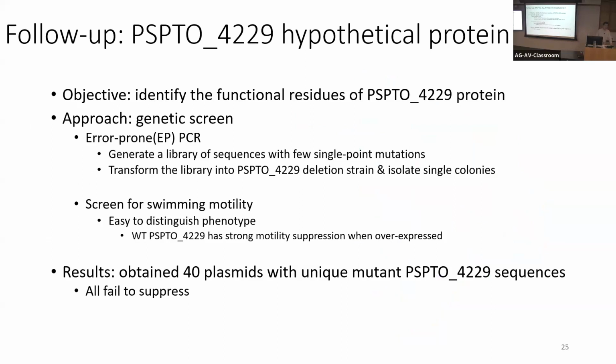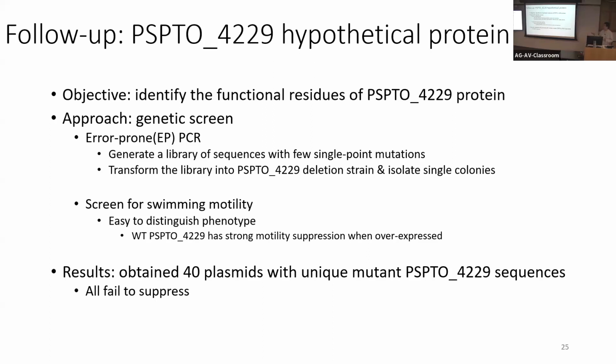So we tried a whole bunch of methods trying to figure out what this protein is doing. The one that ended up working for us is error-prone PCR. So we generate another library. Well, that's a lot of library generation within one talk. We generate a library of sequences, each with a few single point mutations by error-prone PCR, using a different polymerase to get errors happening during PCR.